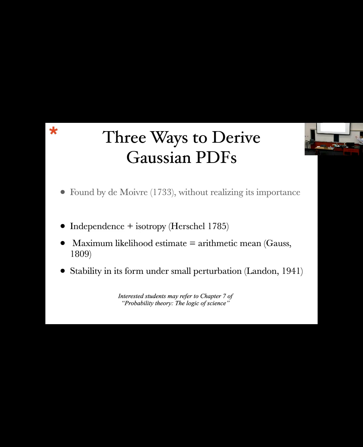Clearly it's not Gaussian. Do you think X and Y are independent? First of all, clearly they are not, because we know that if the distribution is isotropic and if they're independent, then this must be Gaussian. So clearly they are not.